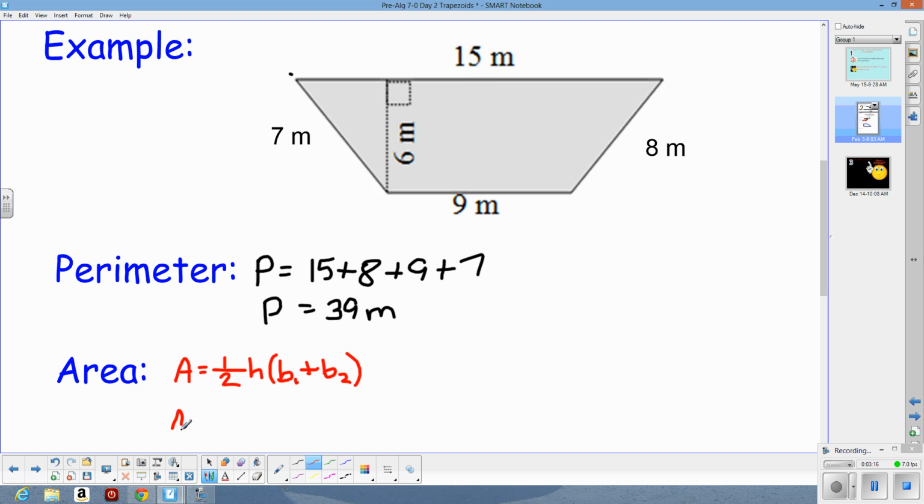So in this particular example, the area is going to equal 1/2 times the height, and the height is 6, times the sum of the bases. Our two bases are 15 and 9. Remember, the bases are the two sides that are parallel to each other. So 15 plus 9.